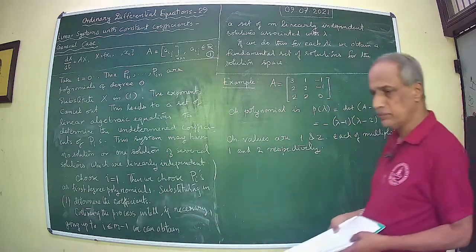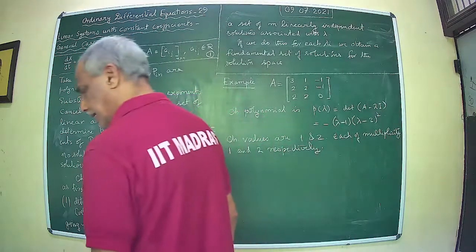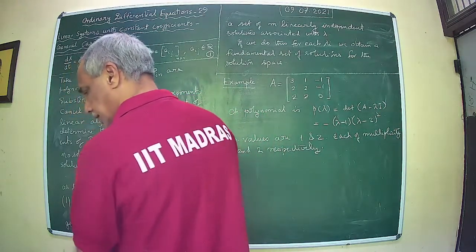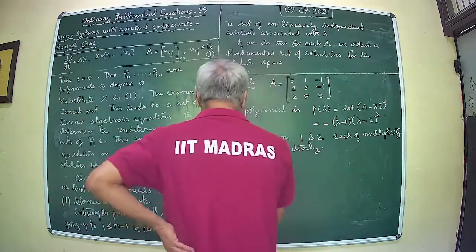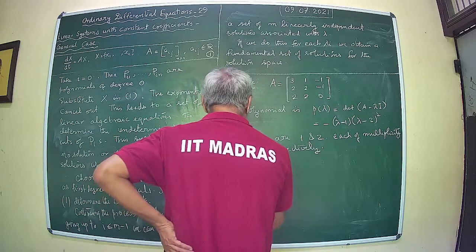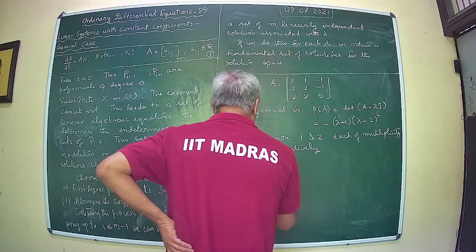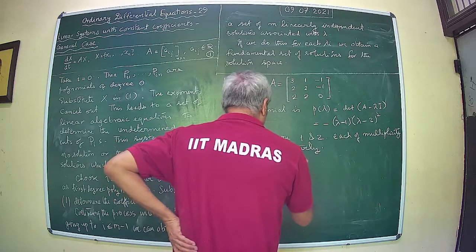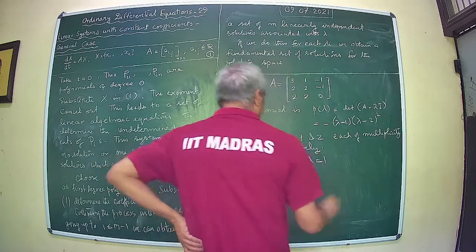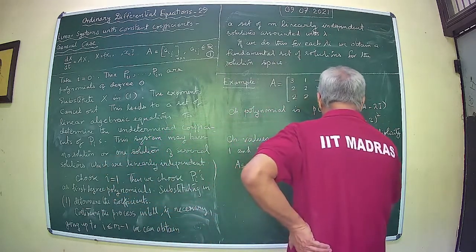Now the problem that you encounter here is that, of course, associated with lambda equal to 1 of multiplicity 1.